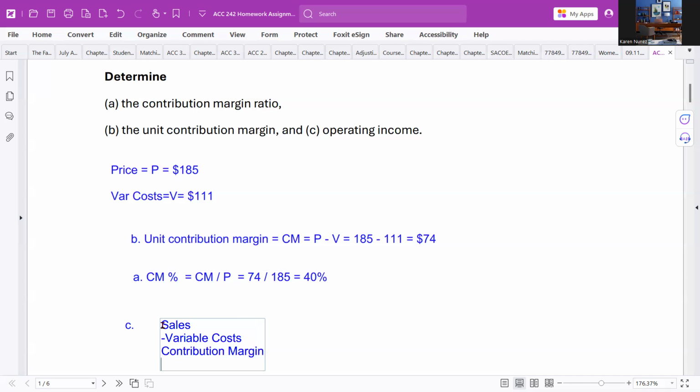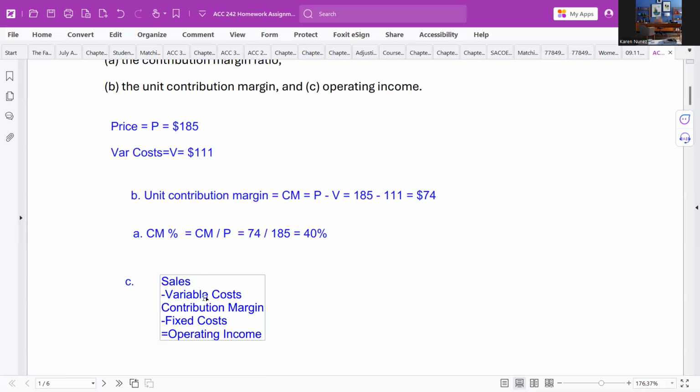And then if we subtract those fixed costs, that will leave us with the operating income. So that's all we need, all right? Sales minus the variable cost gives us the contribution margin, and subtract those fixed costs, and we've got operating income.